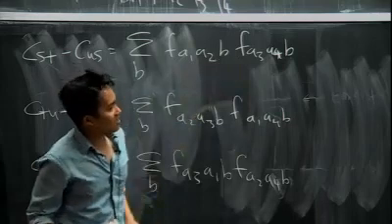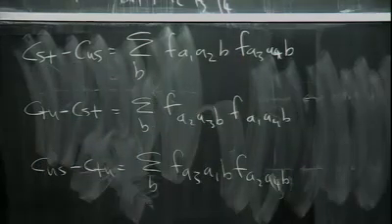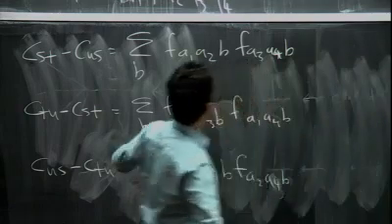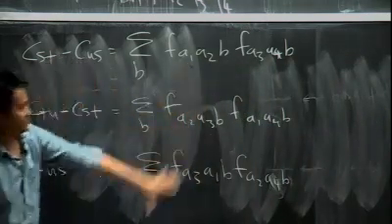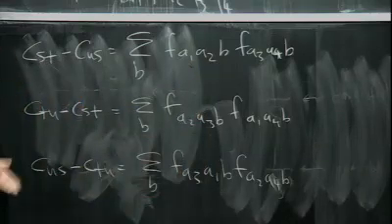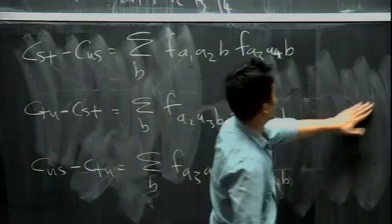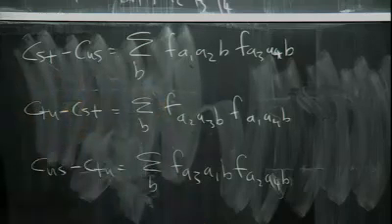The F's are encoding which factorization channel you were looking at. Here we were looking at the 1-2 factorization channel, here 2-3, and here 1-3. So that's all that is, and we have a set of equations that we want to solve now. Is it clear, at least conceptually, how I can get here?